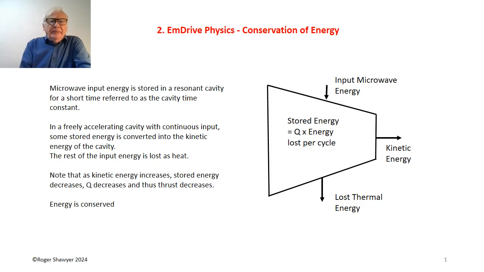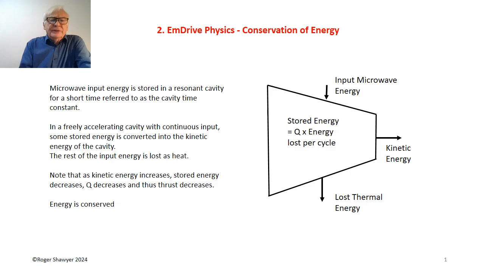With an accelerating cavity, then some of the stored energy is going to be transferred into kinetic energy, which depends on the thrust and the mass of the vehicle that is being accelerated. But most of the energy input to the cavity is actually lost as thermal energy.